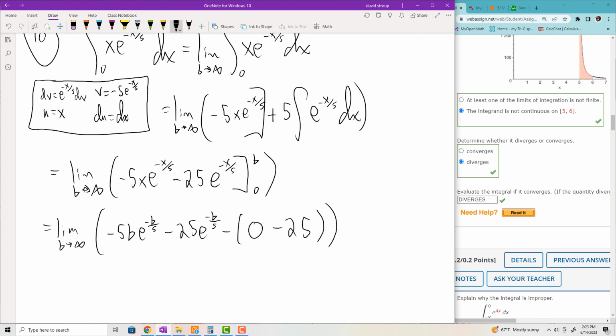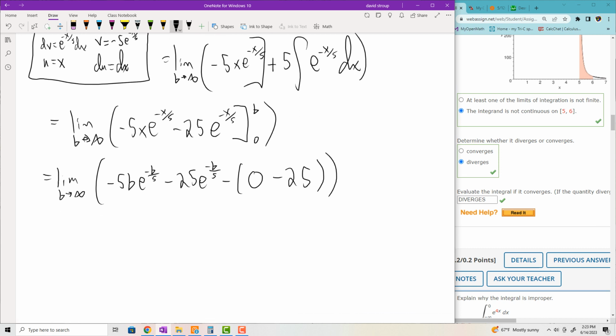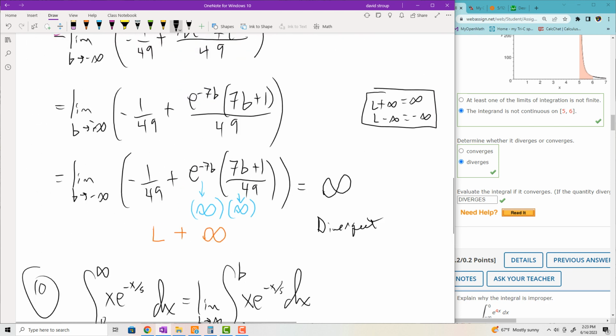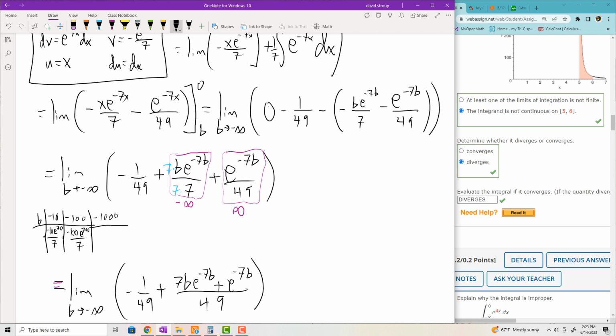Okay, these two limits are a little bit different because the b is going to positive infinity and not negative infinity. In the previous problem, b was always going to negative infinity, so if you thought of it in terms of tables, in the exponent you'd have e to the negative 7 times negative 10, which would be positive.